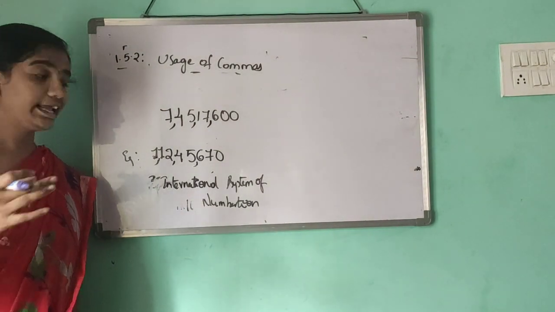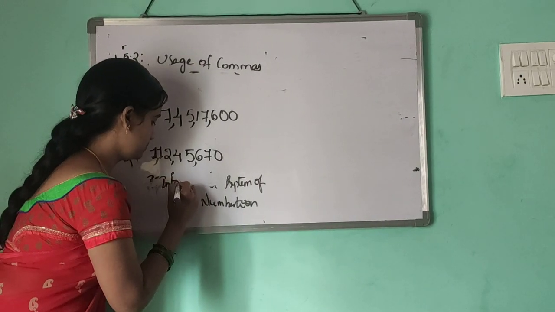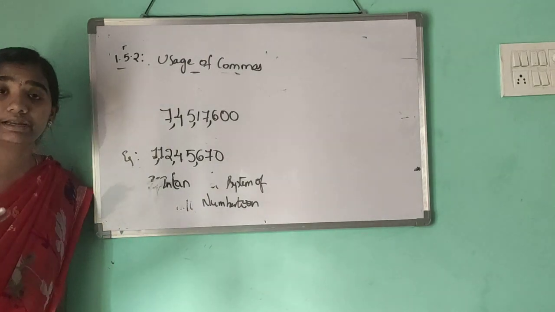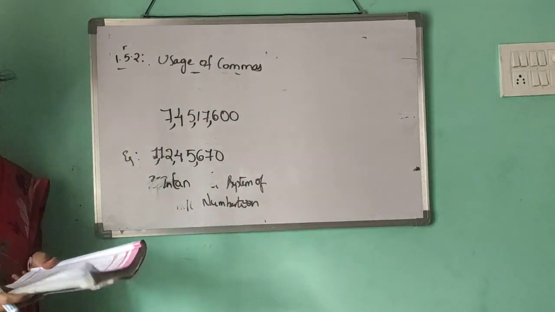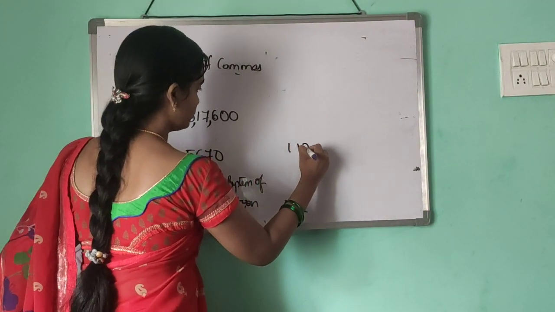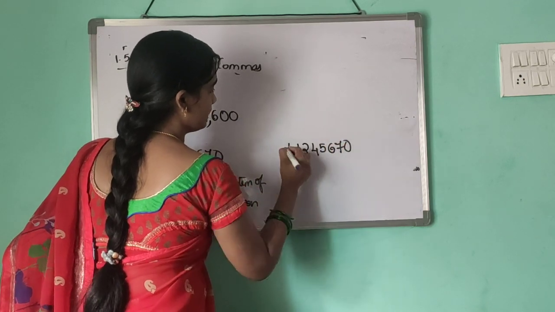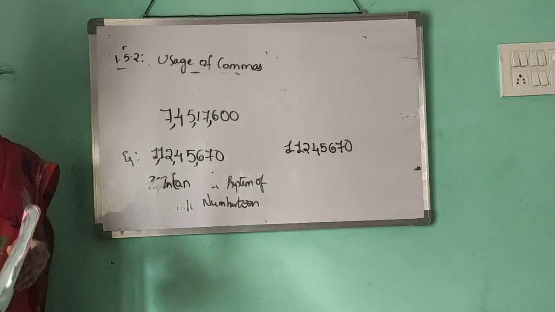This is the Indian system of numeration, but according to the international system, how can we put the commas? Here 1, 1, 2, 4, 5, 6, 7, 0 is there. How can you put the commas?